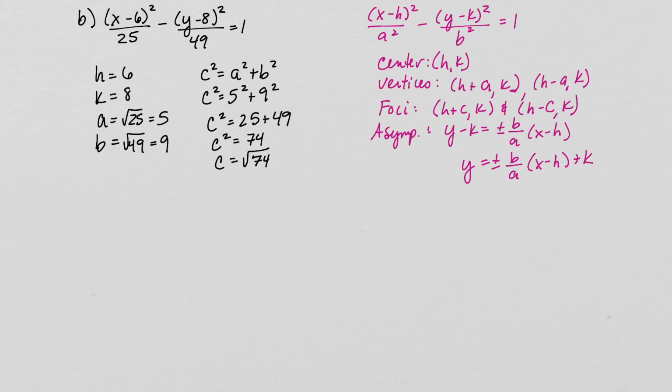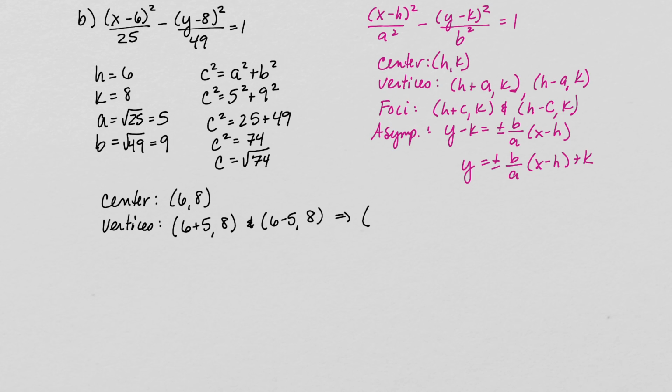That's okay. So now our center is going to be (h, k), so (6, 8). Our vertices will be h plus a, so (6 plus 5, 8) and (6 minus 5, 8). So they're going to be (11, 8) and (1, 8).